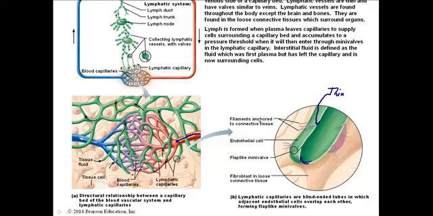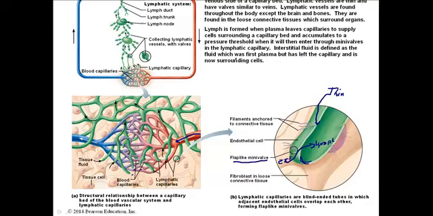We have these little filaments here, and they anchor into the tissues so they don't move around. Everything in your body has to be anchored. Then we have these little flap-like mini valves here, and this is where the fluid will enter. So the extracellular fluid out here is now lymph right in here. That's how that goes.